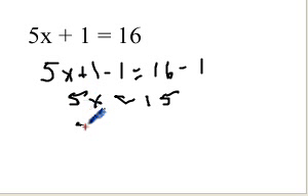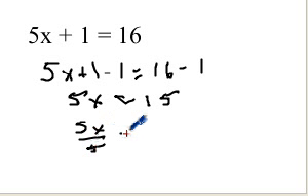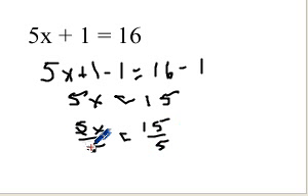So I'm going to divide each side by 5 to isolate x. So on this side of the equation now, these will cancel each other out. Multiply by 5, divide by 5, you're left with 1x. And on this side of the equation, 15 divided by 5 is 3.